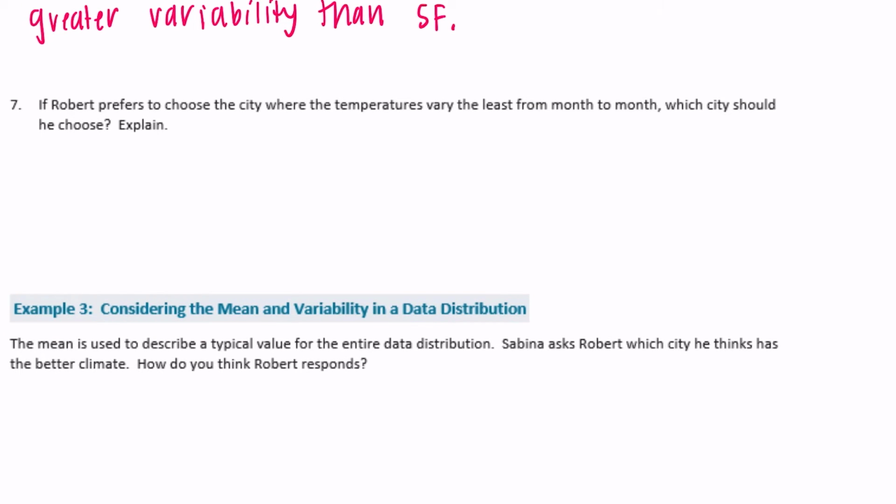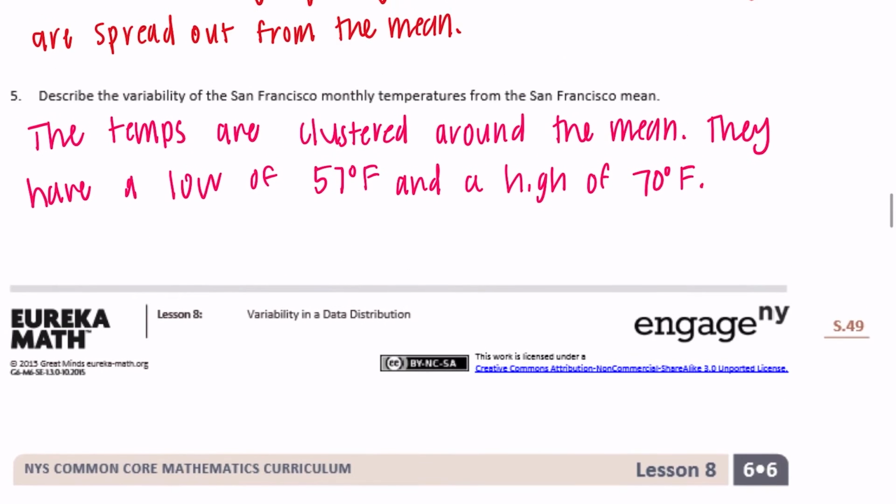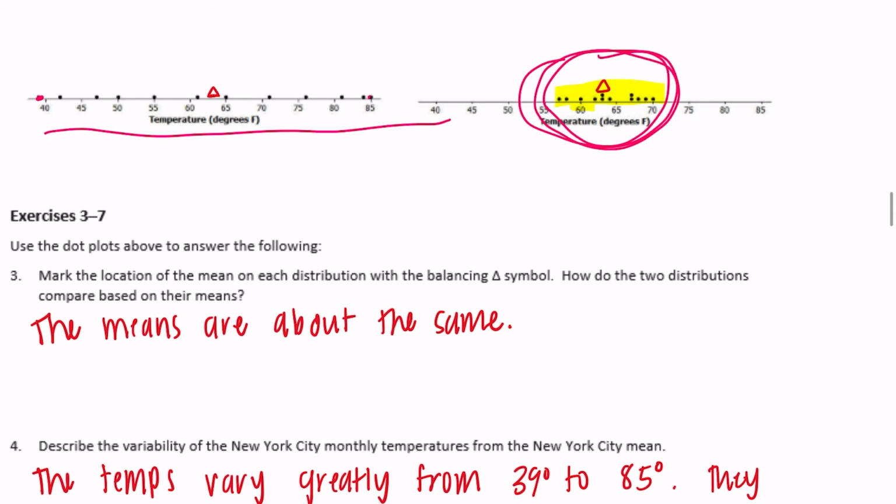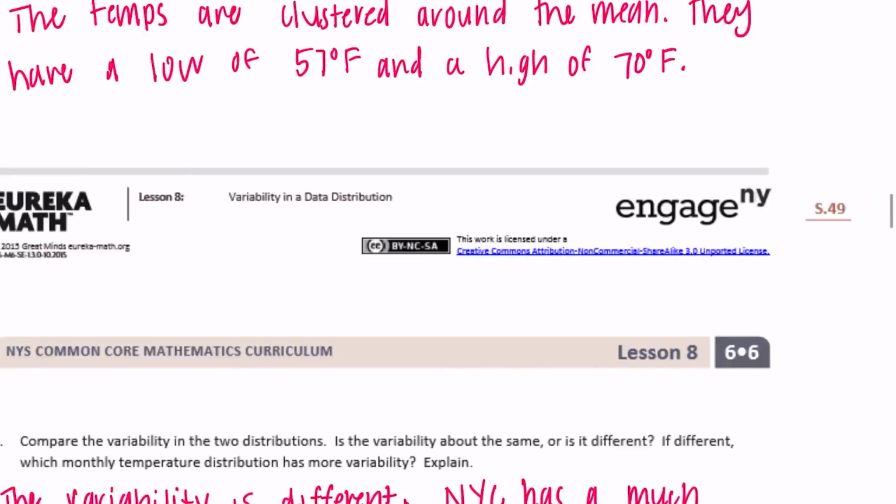Number 7, if Robert prefers to choose the city where the temperatures vary the least from month to month, which city should he choose? Explain. So he decides he wants it to be kind of the same temperature all year round. He doesn't want to deal with all the winter clothes and the summer clothes. He just wants kind of the same season all year round. So the place that has the same temperatures most of the time would be San Francisco, because he's only going from about 57 degrees to 70 instead of all the way from 39 degrees to 85.